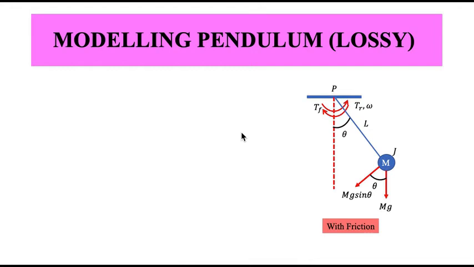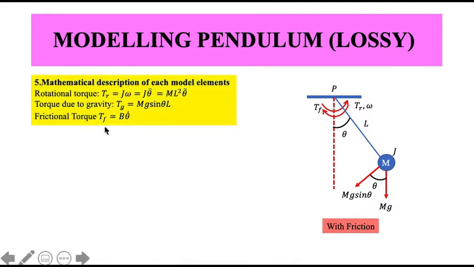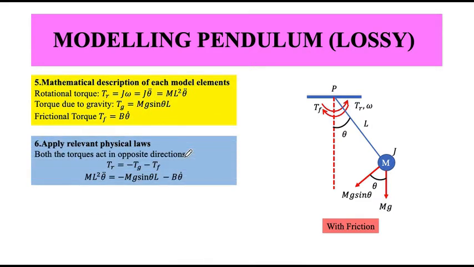Next we move on to modeling friction. In addition, now I have a frictional torque Tf. Again, if you recollect the previous lecture, it is modeled as a relationship between torque and the resistive element B. So I will have one more term in my equation, that is Tf. Now Tr is equal to negative of Tg minus Tf.